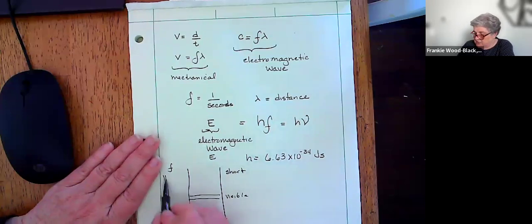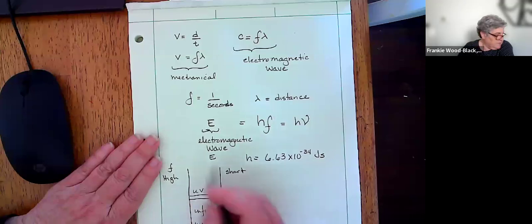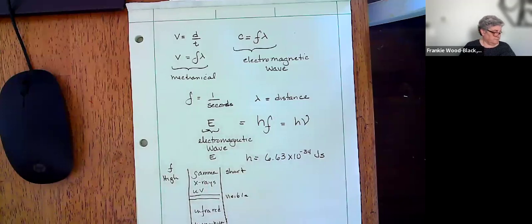These are high energy. And these are lower energy. And these will be like radio waves, microwaves, infrared, and these will be UV, and these will be X-rays, and these will be gamma rays.